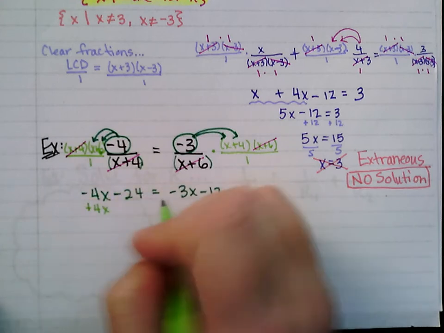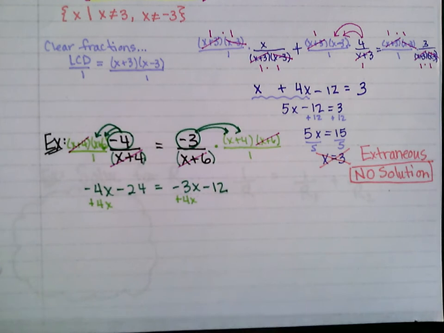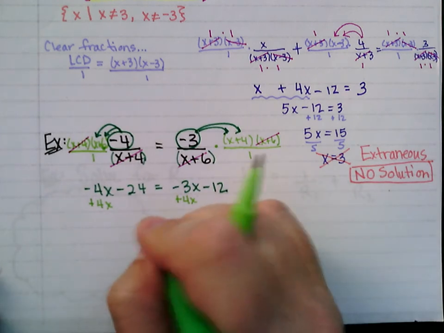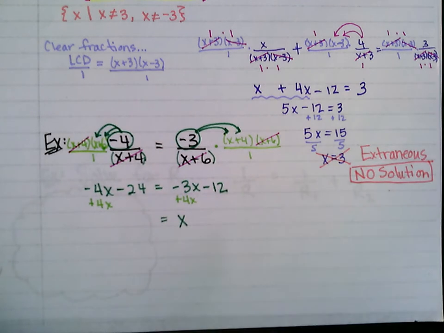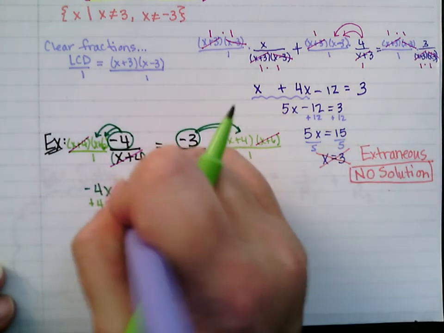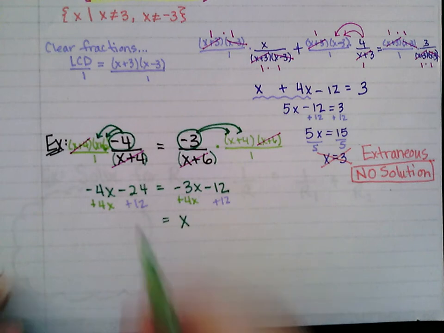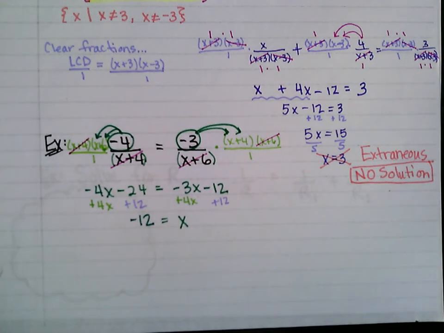I tend to not care which side my variables are on. So I will add those 4x to both sides, and that's going to give me positive 1x. And then when I add 12 to both sides, on the left-hand side, that gives me negative 12. So I get x equals negative 12.